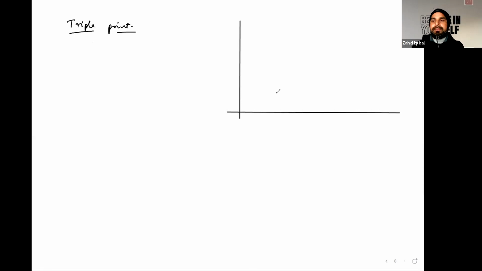Suppose ice is initially at 0 degrees Celsius, that is 273.15 Kelvin. So I'm somehow trying to keep ice remaining as ice by changing pressure up to a particular extent.